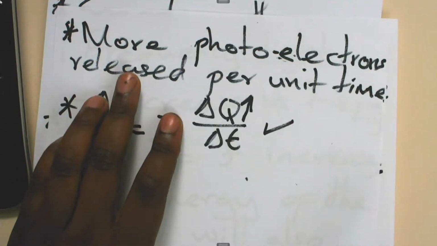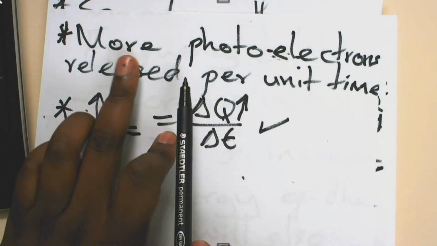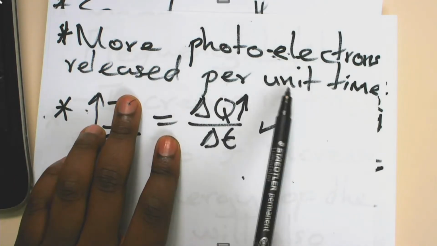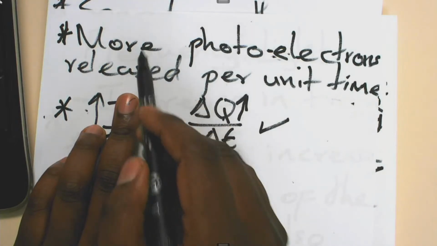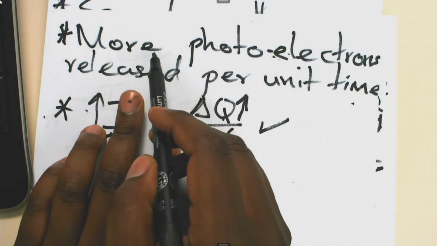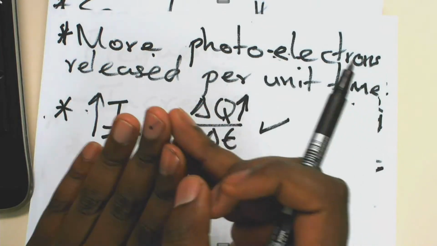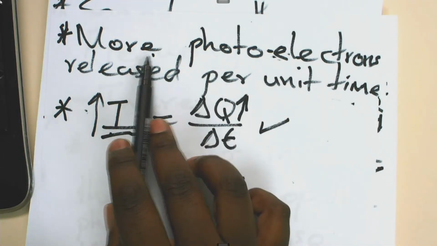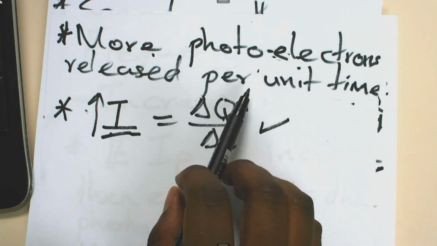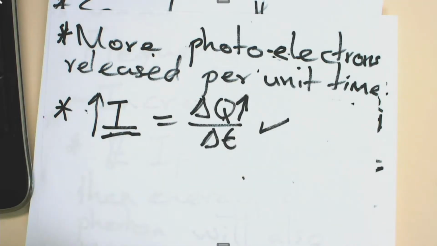Whenever you increase intensity, you will then have more photoelectrons released per unit time or per second. So intensity does not affect the speed or the kinetic energy of the photoelectrons. Intensity only affects the number of the photoelectrons that are released per unit time.